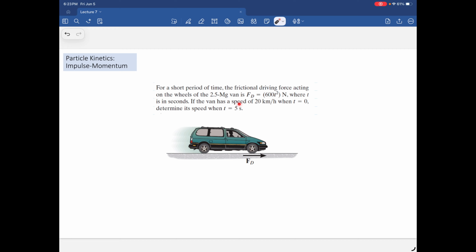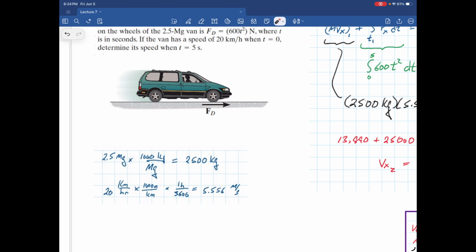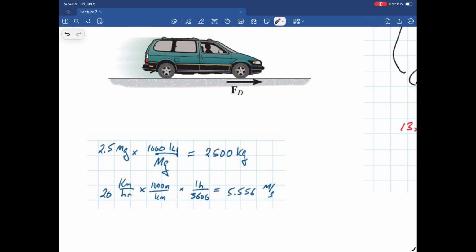If the van has a speed of 20 kilometers per hour when t equals 0, determine its speed when t equals 5 seconds. So we're essentially looking for an impulse occurring over a period of 5 seconds, and this is a time-varying force.